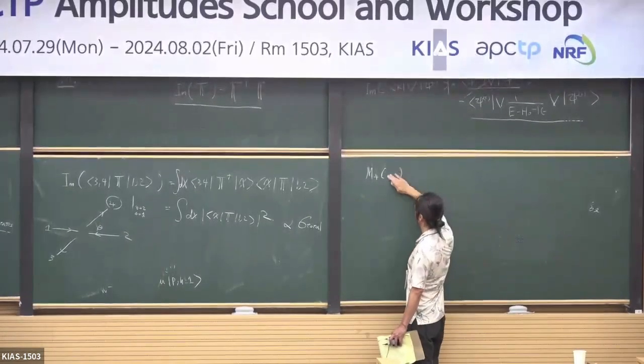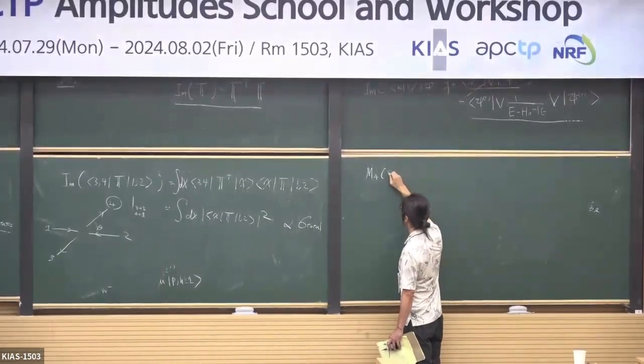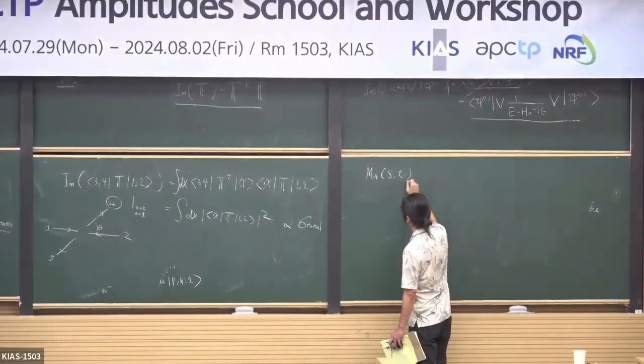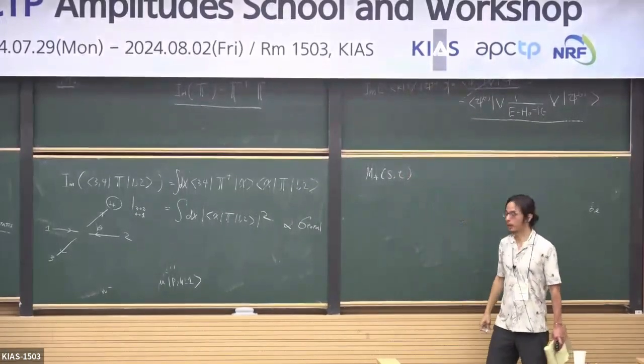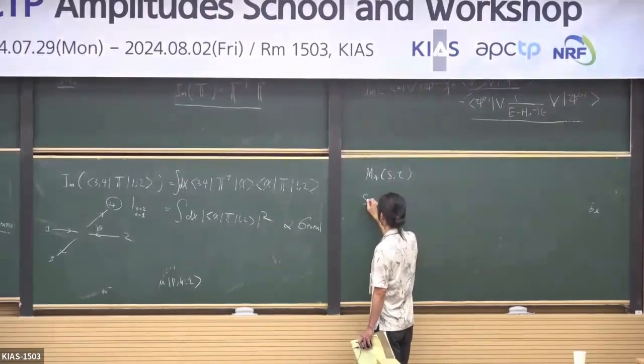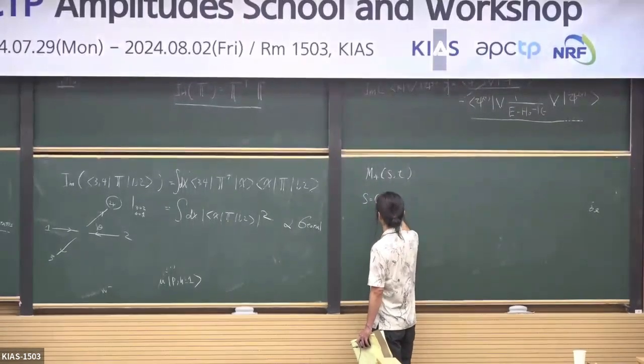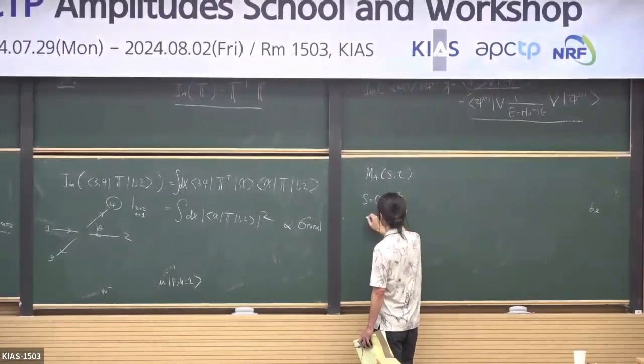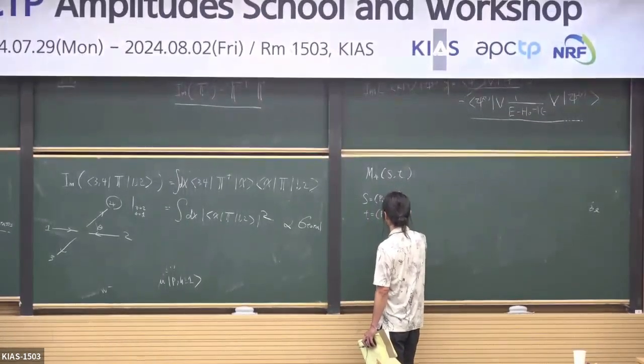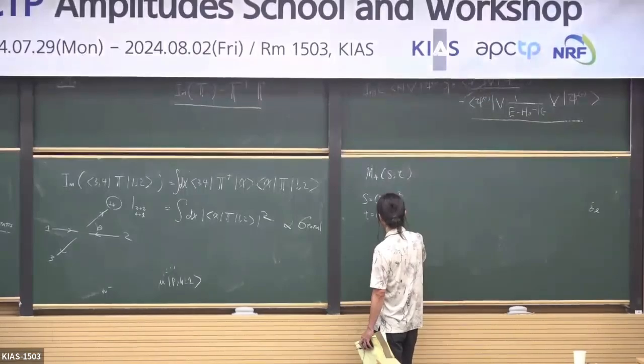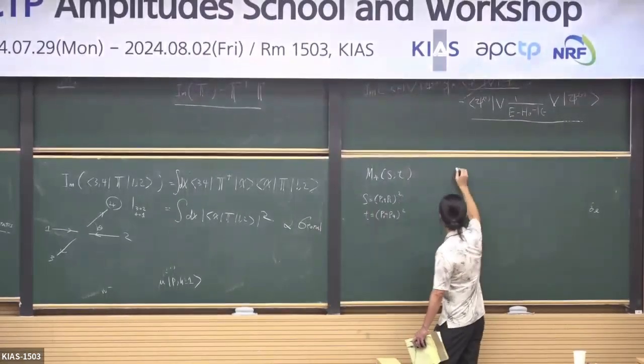Now, of course, we want this to be Lorentz invariant. So this is actually a pure function of s and t, which are the Lorentz invariant inner products. Here s is defined as (p1 + p2) squared, and t is (p1 + p4) squared, or (p1 - p4).